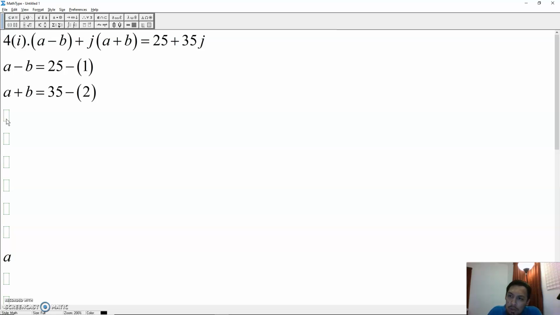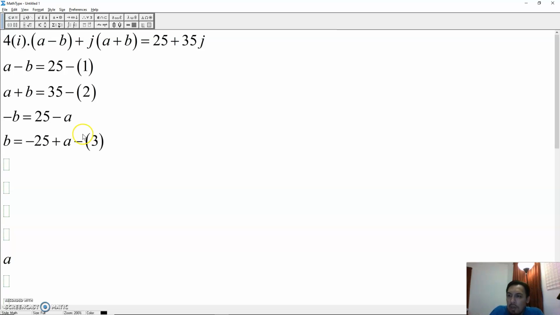So negative b equal to 25 minus a, and if you change it into b, it becomes negative 25 plus a. Now we have a value of b. Let's say this is number 3.